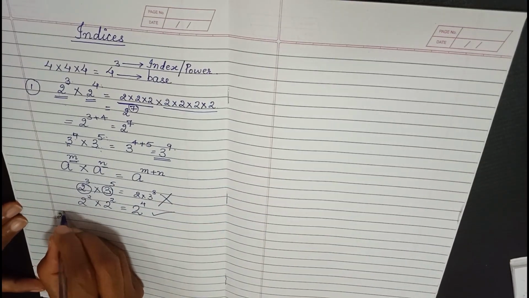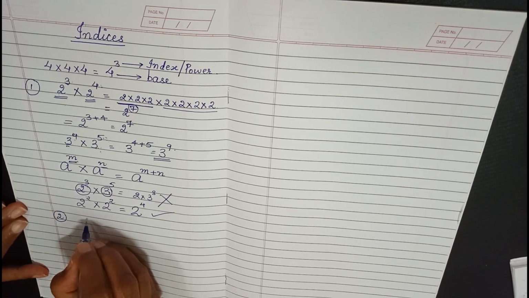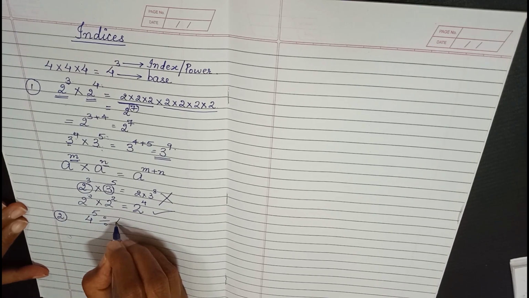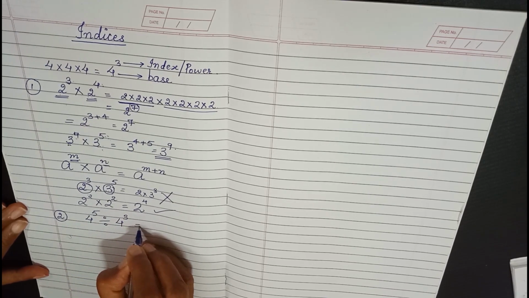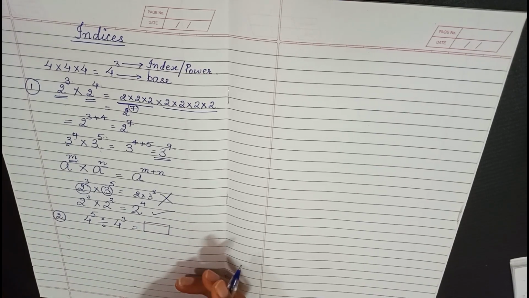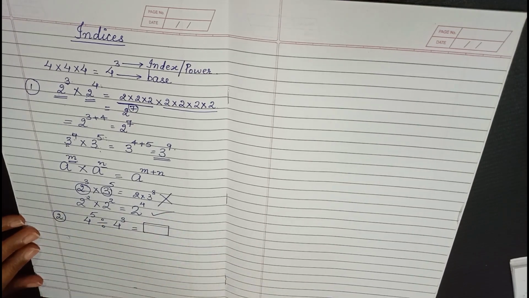Now this was the rule for multiplication. Let's go to division. Let us say I have 4 raised to 5 divided by 4 raised to 3. Then what do I get as an answer? So first let's understand an explanation for this and then we will see what formula we can derive for it.